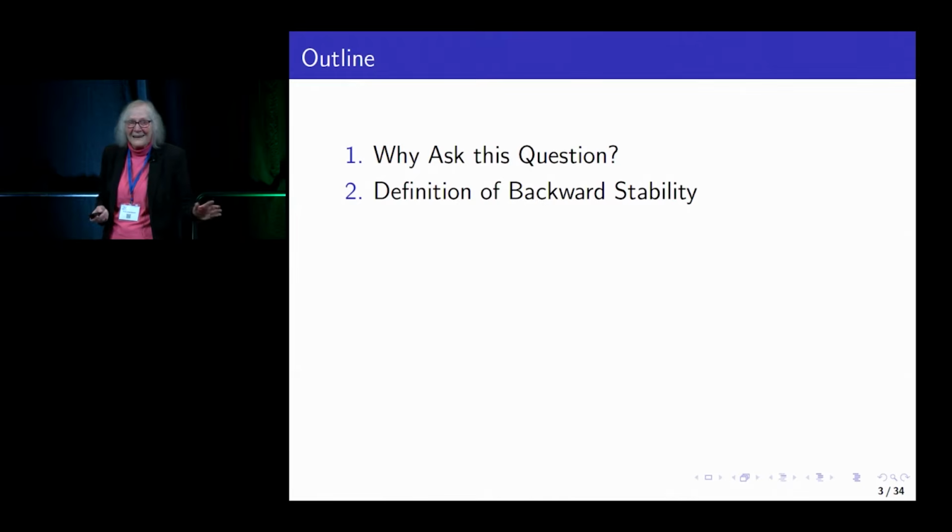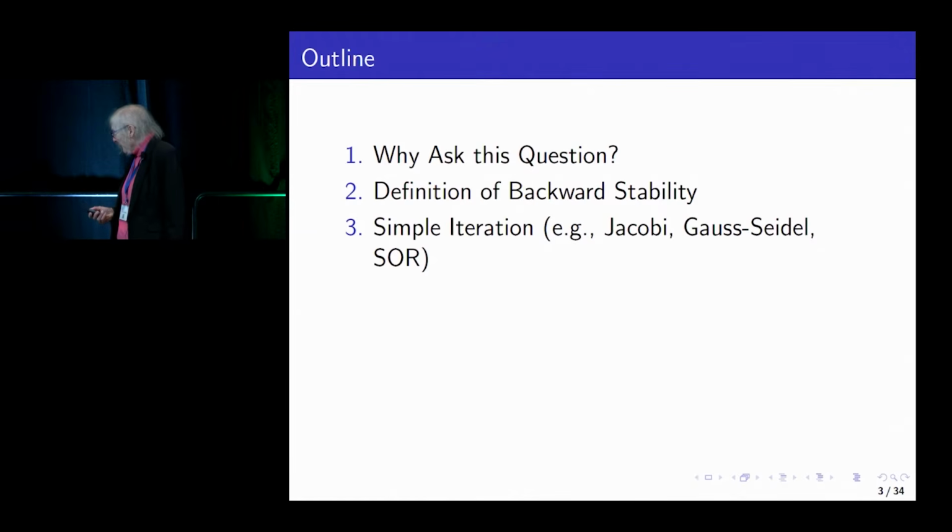It's not a precise definition. One can make it precise, but then you almost always run into cases where algorithms that give just what everybody would agree is a wrong answer may turn out to be backward stable based on this precise definition. So we don't want that. So I'm going to use just a vague definition, which I will give later.